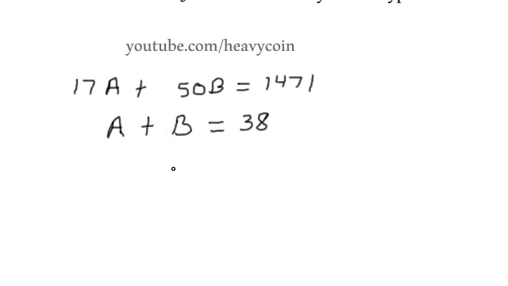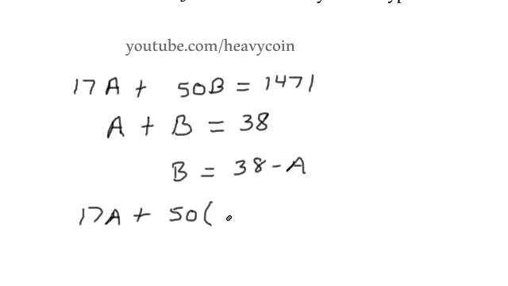I'm going to solve for B in this problem here. B is 38 minus A. Then I'm going to take B and plug it in up here. So we're going to have 17A plus 50 times 38 minus A is equal to 1471.